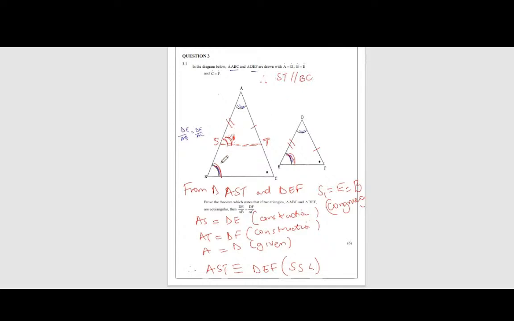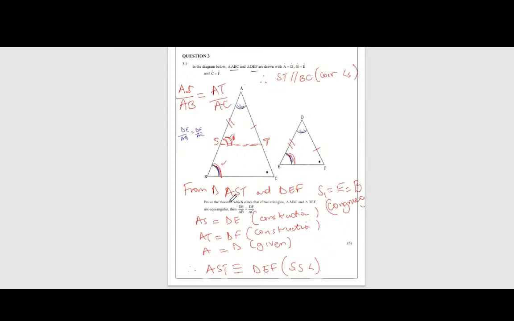What type of angles are S1 and B? Those are corresponding angles. Angles that are corresponding must always be equal. Having proved all of that, we can apply our principles of proportionality and say that AS divided by AB should be the same as AT divided by AC, the big triangle.